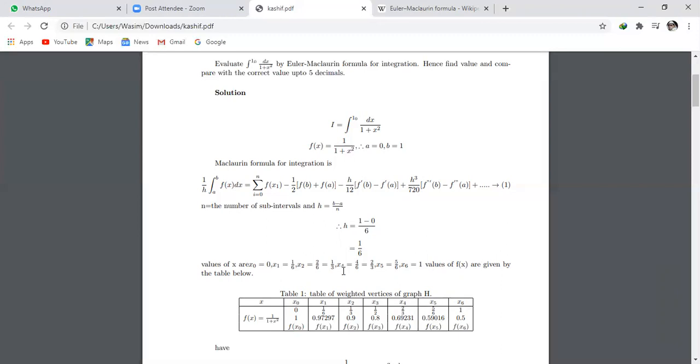And so on, x4 is equal to 4 by 6, which simplifies to 2 by 3. Similarly x5 is 5 over 6, and x6 is equal to 1.